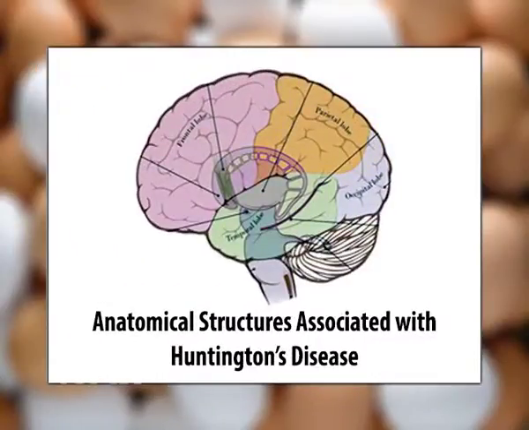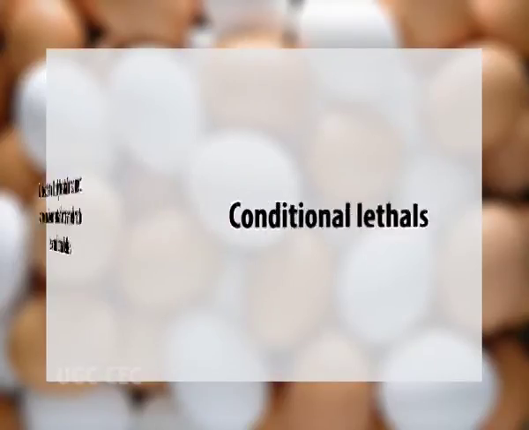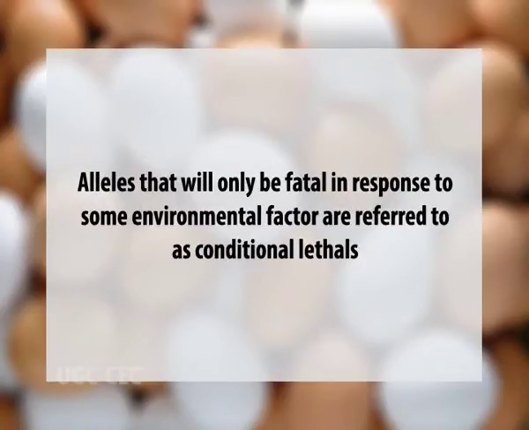An example in humans of a dominant lethal allele is Huntington's disease, a rare neurodegenerative disorder that ultimately results in death. A person exhibits Huntington's disease when they carry a single copy of a repeat expanded Huntington allele on chromosome 4.